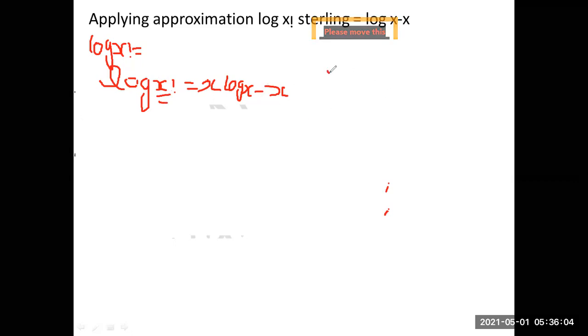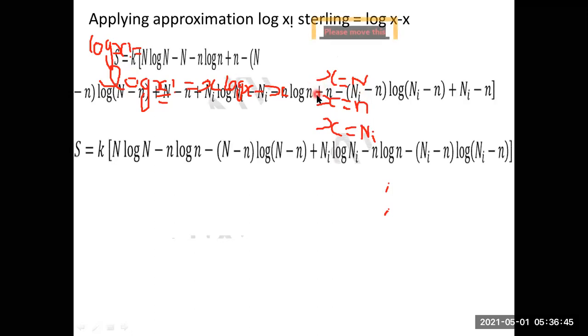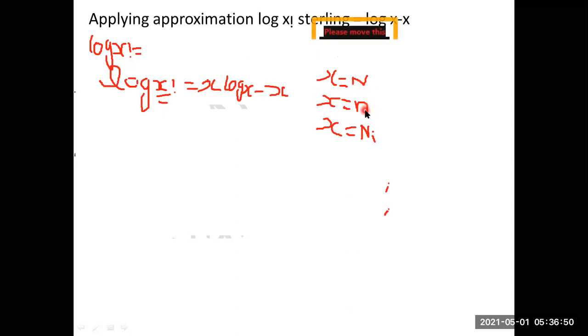You should always remember that this x may be capital N, small n, and capital N suffix I. So we just replace x with n.